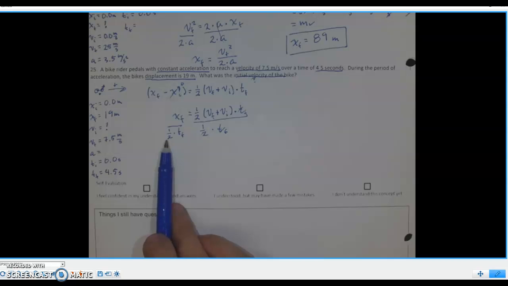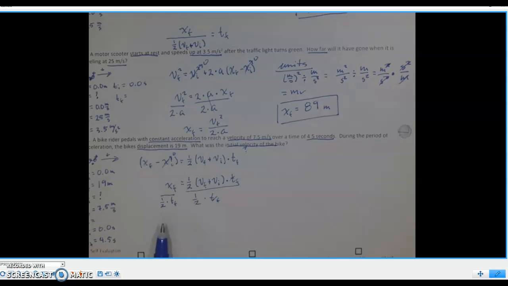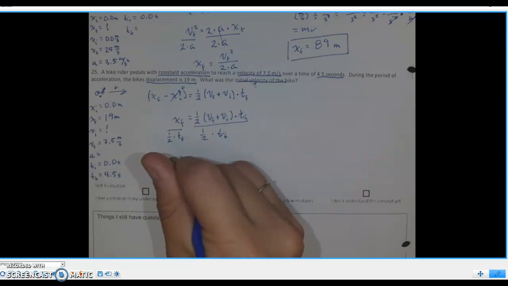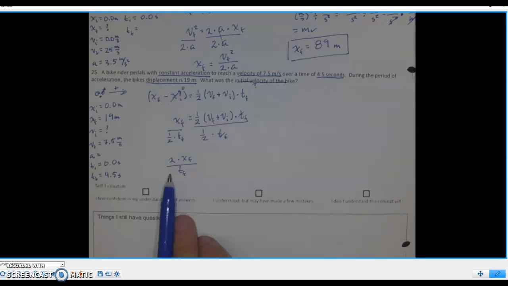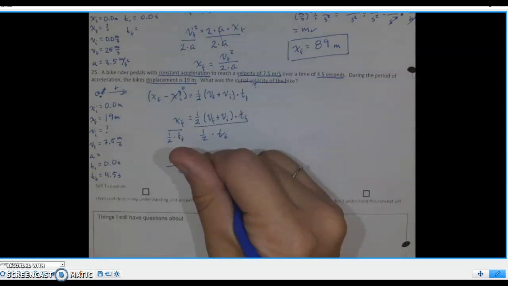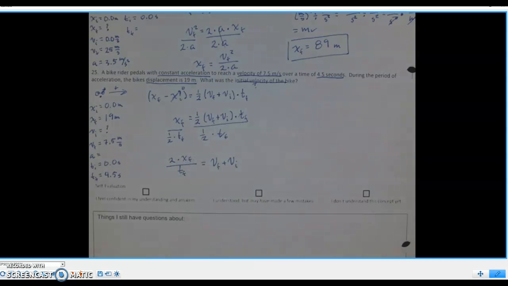Dividing by 1/2, just like I was showing you up here, dividing by 1/2 is the same as multiplying by 2. So if we wanted to, we could rewrite that as 2 multiplied by x final divided by t final. So you can do this, or you can leave it as 1/2 below. Either way is fine. And that equals not just velocity initial, velocity final plus velocity initial.